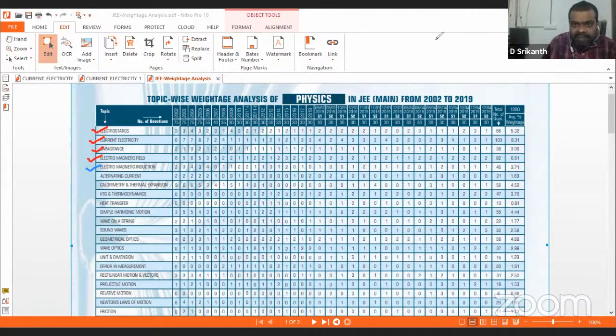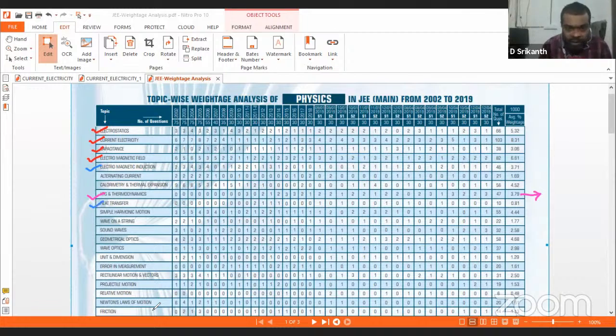For KTG and thermodynamics, the average weightage is 3.7, the highest percentage is 8.3, and the lowest is 3. So it is one of the important chapters that we should not neglect, and one of the scoring chapters also.